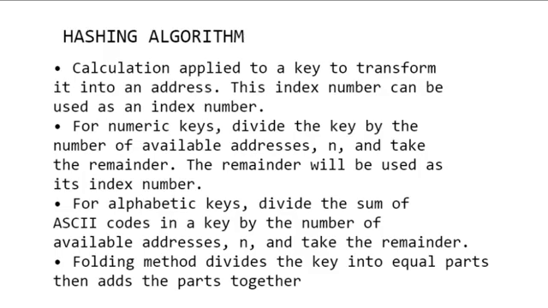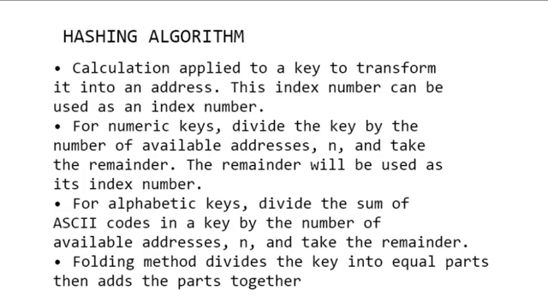As for numeric keys, divide the key by the number of available addresses n and take the remainder. This remainder will be used as the index number. If we use the division method, we get the address by key modulus n.